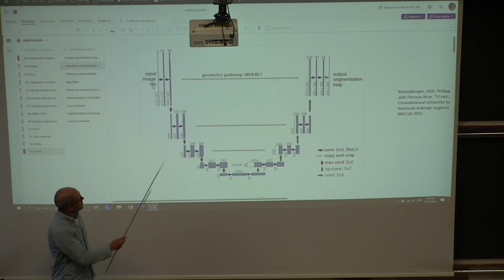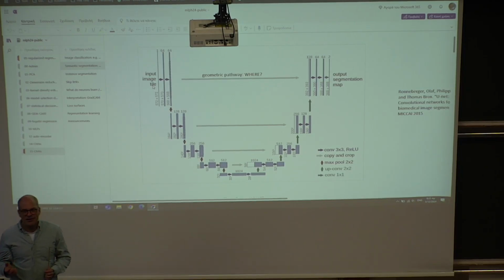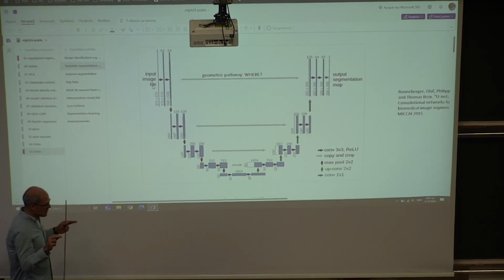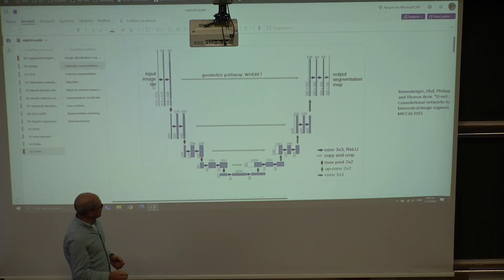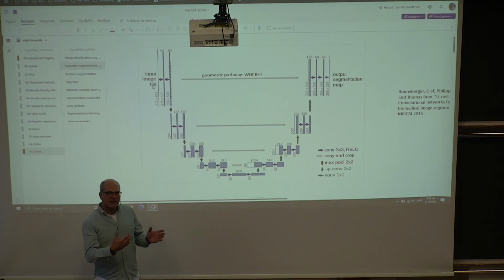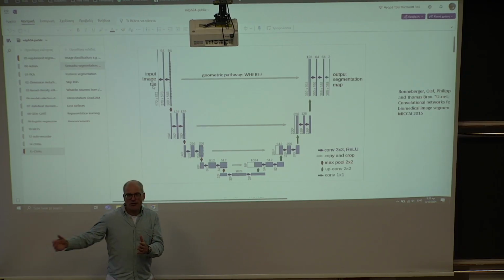And this is because in the original paper, the authors made this decision to use convolution with the valid option. So if we have an image and a convolution filter, what happens at the very border of the image? We either need to pad the image with zeros, or we can reflect the image at the border.